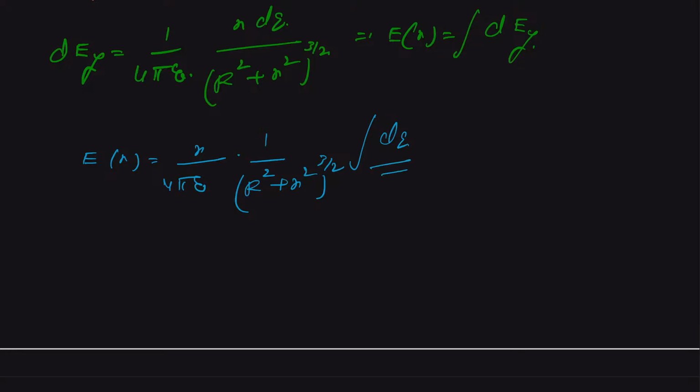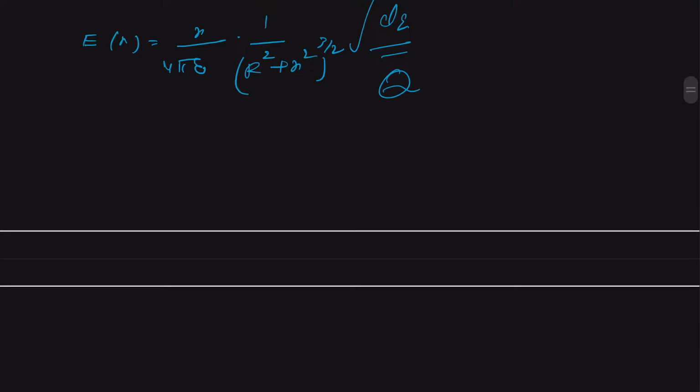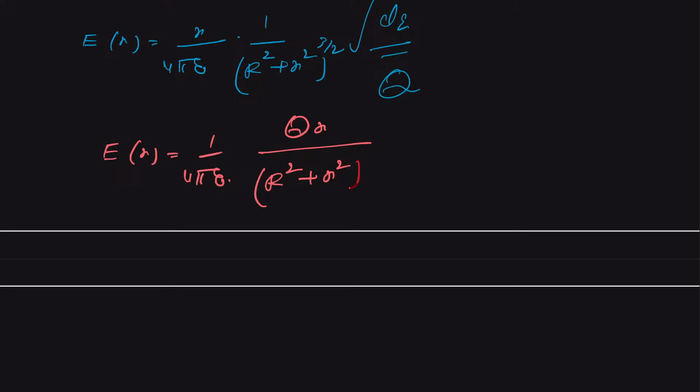The integral of this dq is nothing but the total charge q. So we get that the electric field at a distance x will be equal to 1 upon 4 pi epsilon naught, q times x, upon (r square plus x square) to the power 3 by 2.